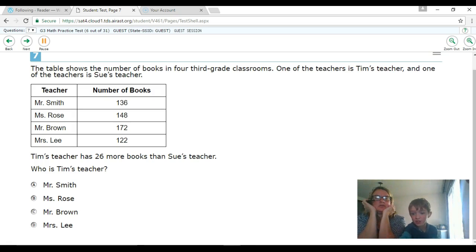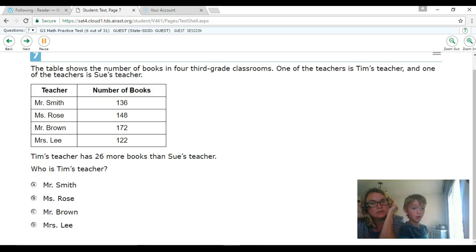So what if you added 26 to Mrs. Lee's? What would you get? Show me. 48. No, 148. Is there a teacher that has 148? No. There's not? Oh, yes, there is.